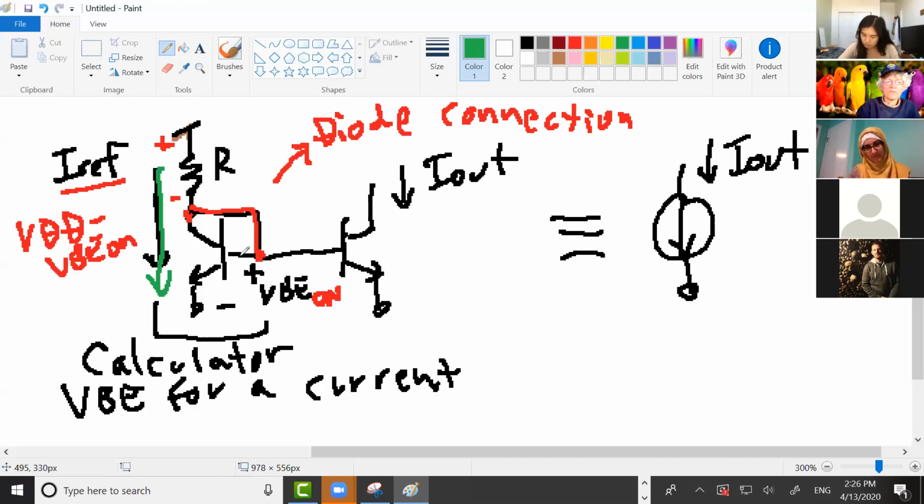And now this VBE is the correct VBE for whatever current you force through here. Now if you use this VBE on another transistor, your I out will equal your I ref. It mirrors the current.